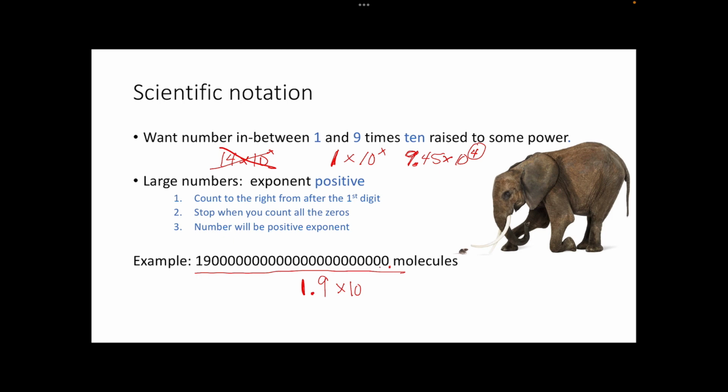So it's 1, 2, 3, and so on, up to 23. We had to move that decimal point 23 spots, so it's going to be 1.9 times 10 to the 23. And since it's a really big number, the exponent is positive.